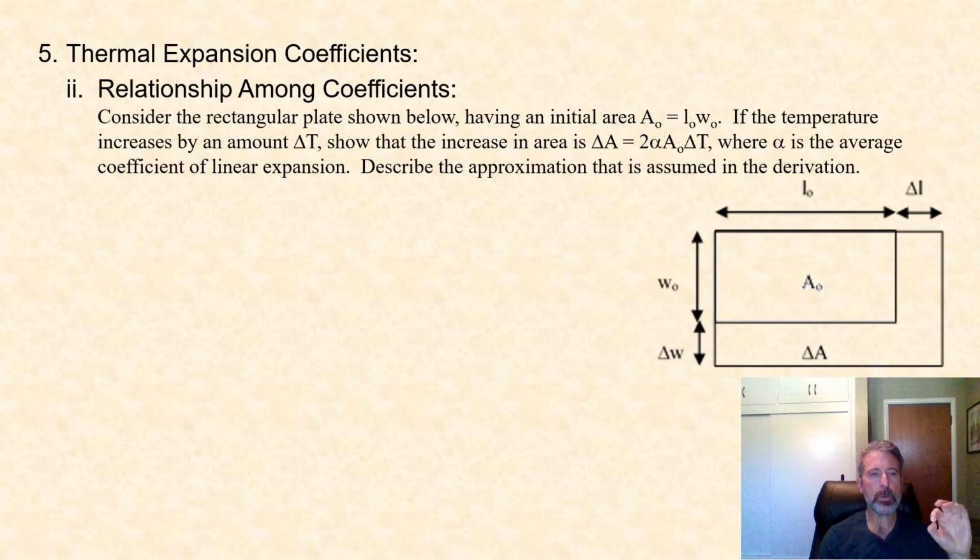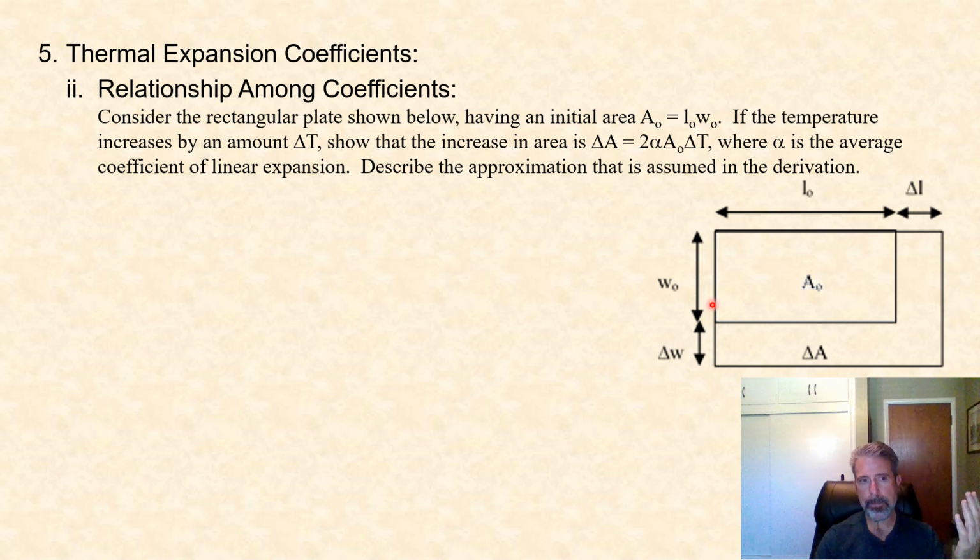All right, so we said a couple slides ago that the coefficient of area expansion is just twice the coefficient of linear expansion. And in this slide, we're asked to actually show that. So let's consider the rectangular plate that is shown here in the figure, that has initial area A naught. Okay, it has an initial length L naught, initial width W naught.